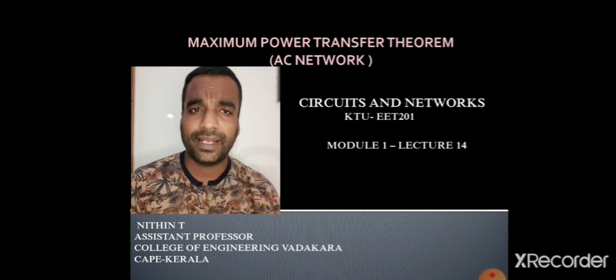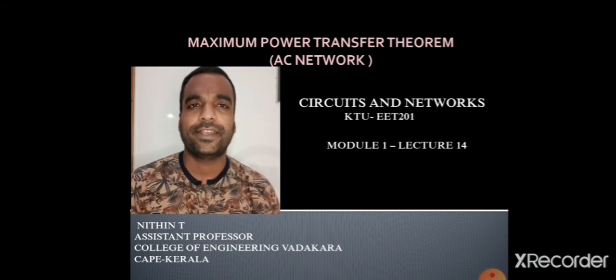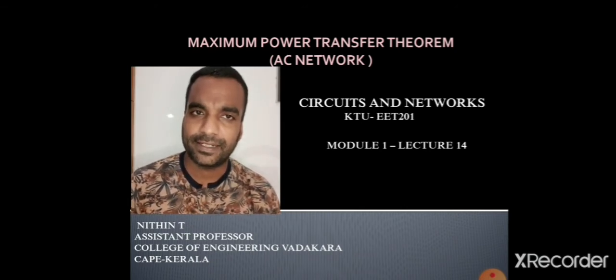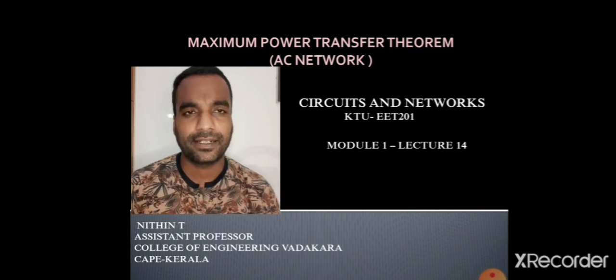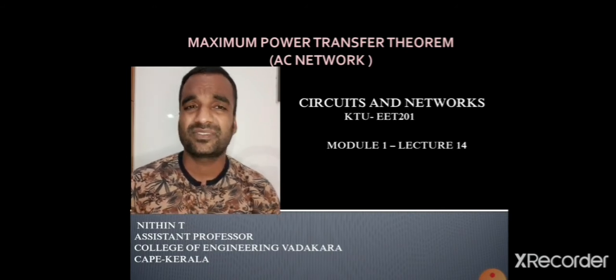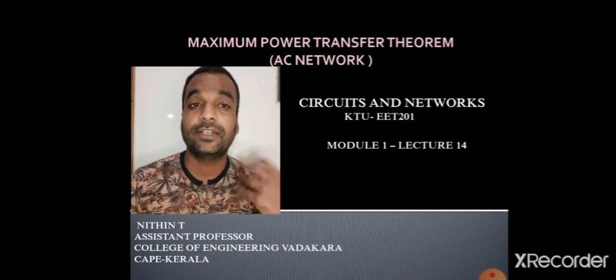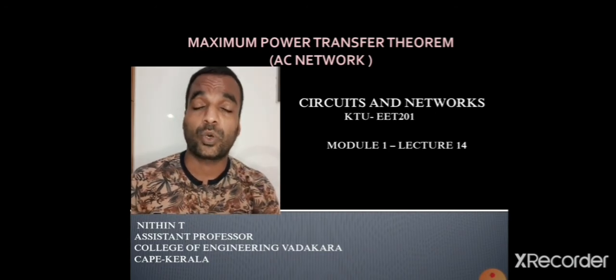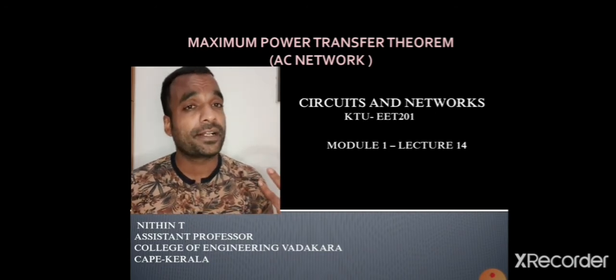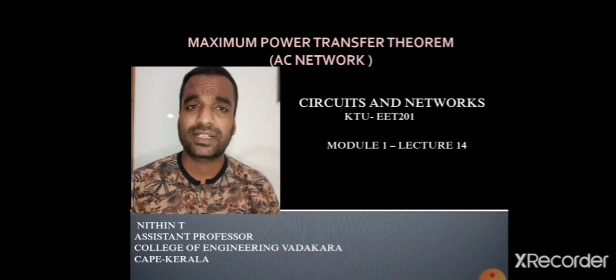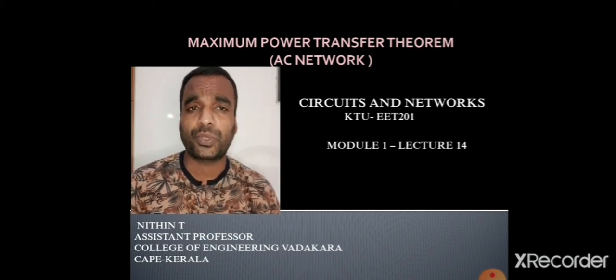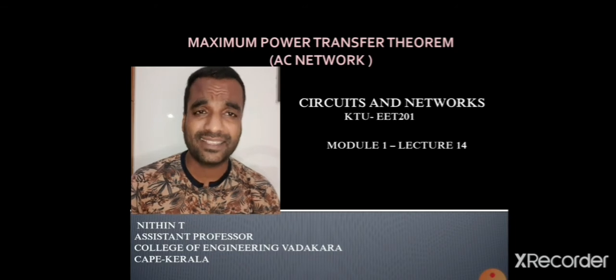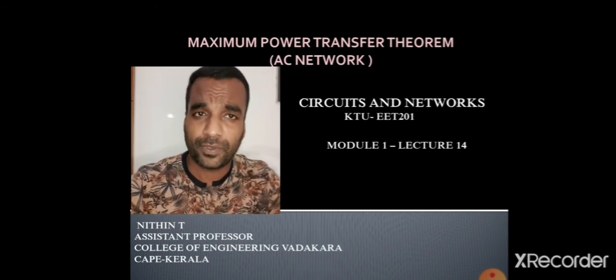But when coming to AC analysis, we have some more components like inductance and capacitance. These components will contribute some reactance in addition to resistance. This reactance will give rise to some other power terms, generally known as reactive power. So resistance will generally contribute active power, and reactance will generally contribute reactive power.